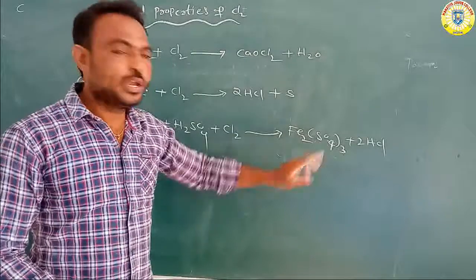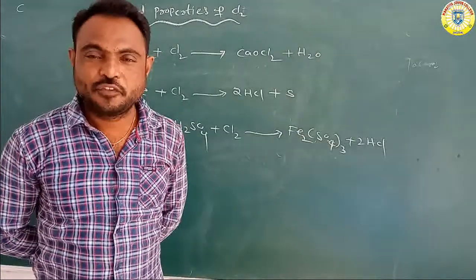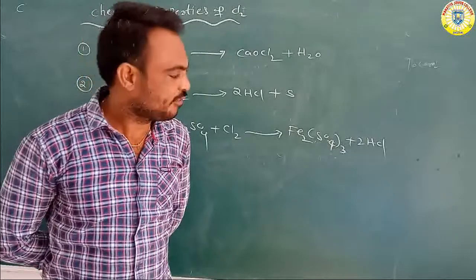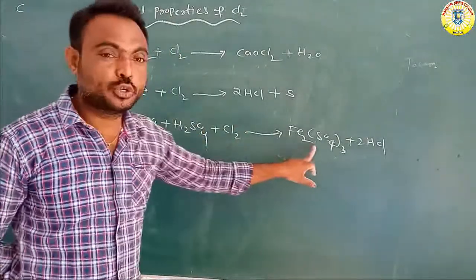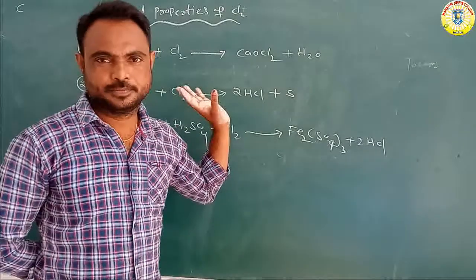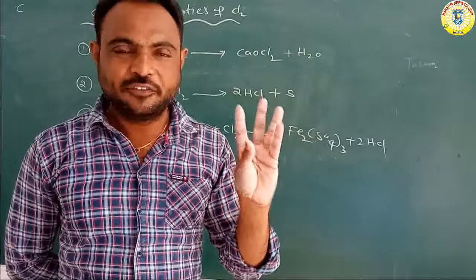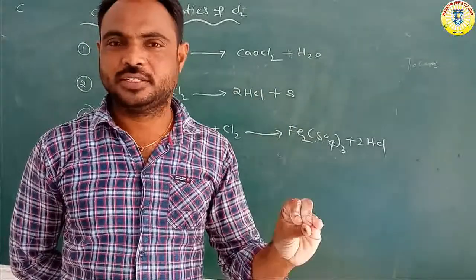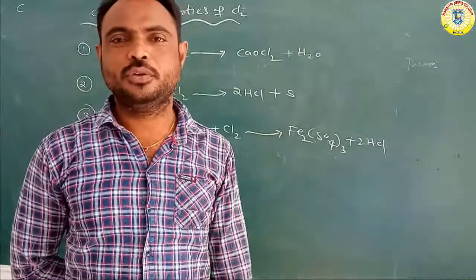Overall, Fe2(SO4)3 means ferric sulfate. Okay, ferrous sulfate is converted to ferric sulfate. Listen, acidified ferrous sulfate means FeSO4 plus H2SO4.